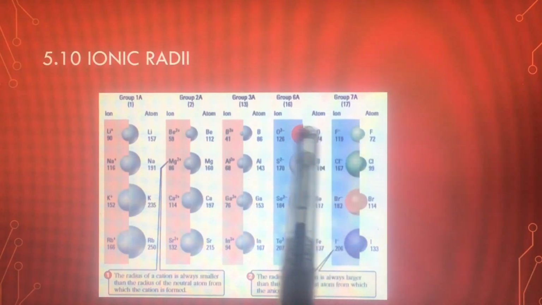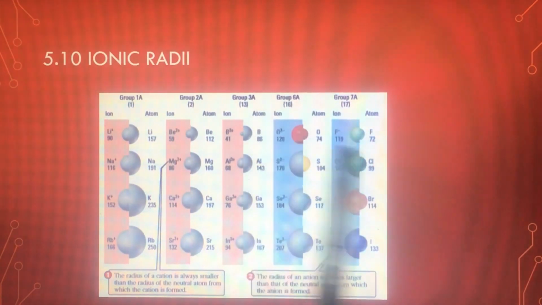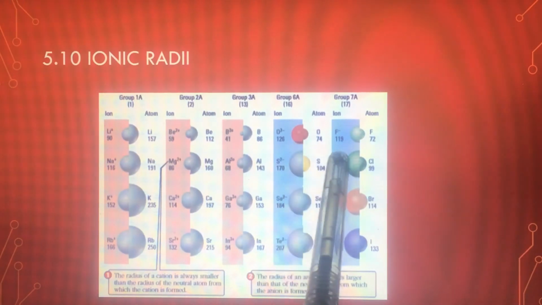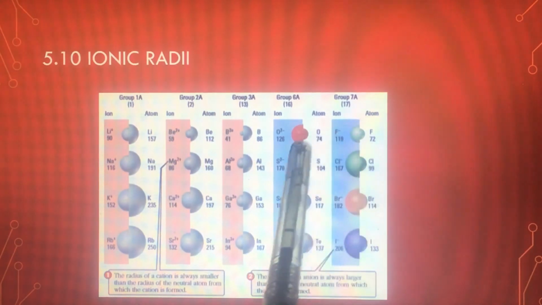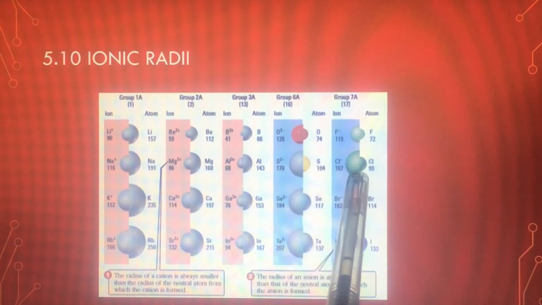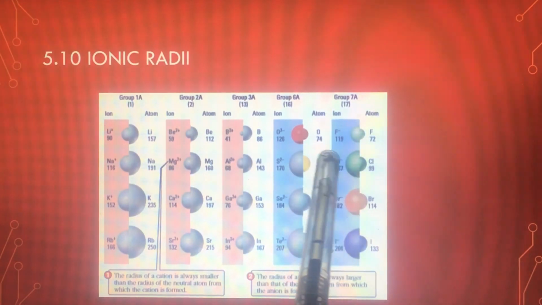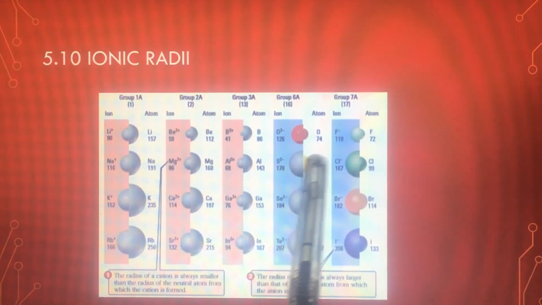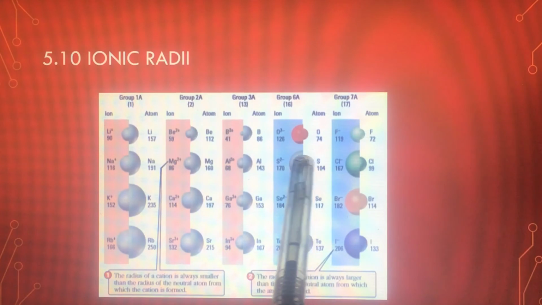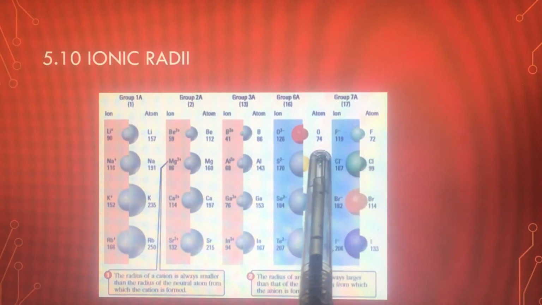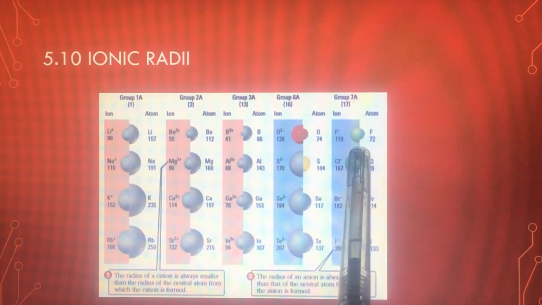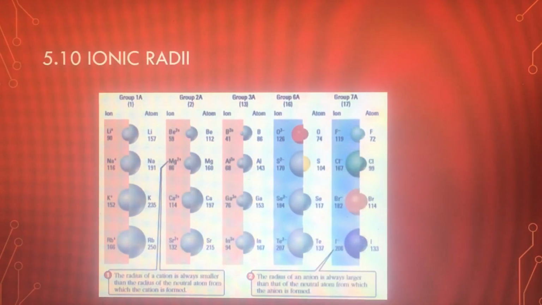At this half of the figure, we see that from left to right, or across a period, in groups 6A and 7A, as we add fewer electrons, this one 2 electrons, this one 1 electron, the electron cloud becomes smaller.